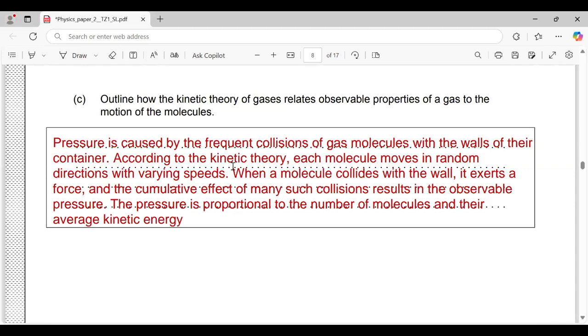According to the kinetic theory, molecules move in random directions with varying speeds. When a molecule collides with the wall, it exerts a force, and the cumulative effect of many such collisions results in the observable pressure. The pressure is proportional to the number of molecules and their average kinetic energy. That's my explanation.